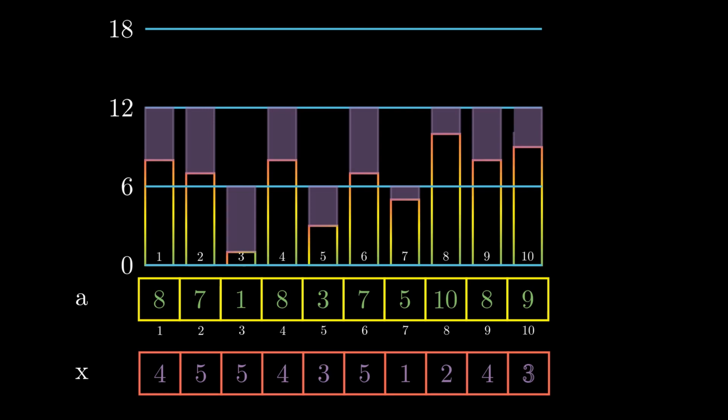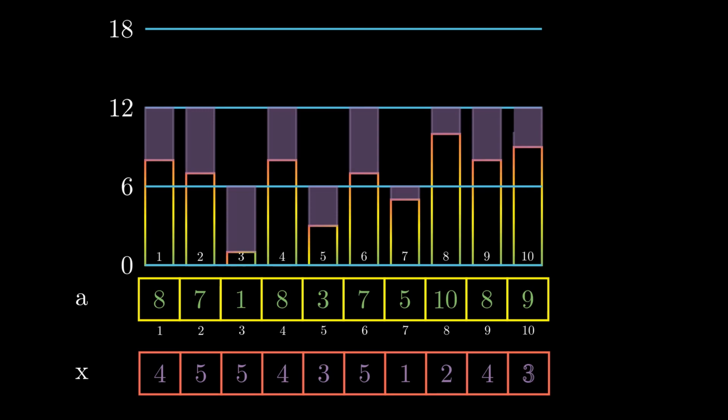Now in the x array, take a look at index 7, which has the element 1. When our x has the value 1, we can apply the first operation so that the element gets incremented and touches 6. The element at index 7 was 5, and when x is equal to 1, we apply the first operation and it gets incremented to 6.